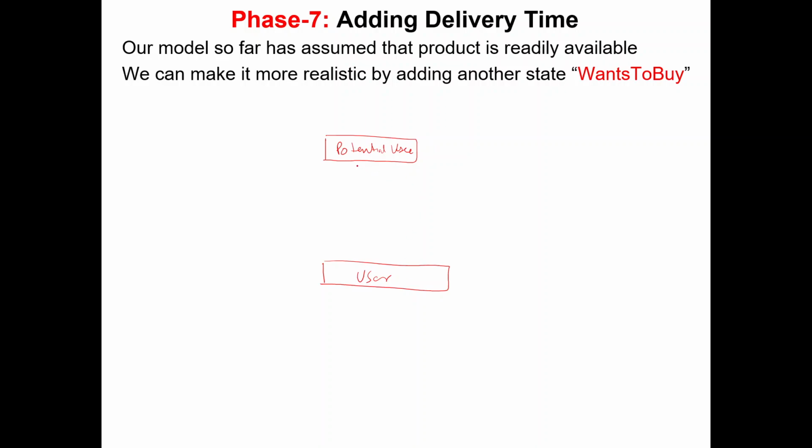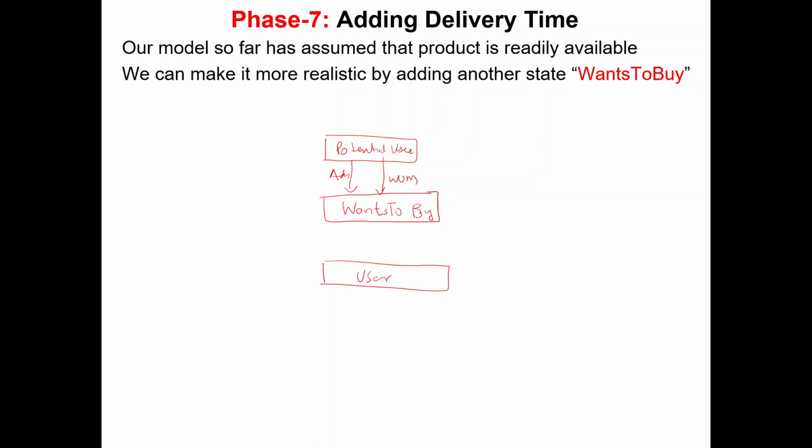So what will happen is that when the potential users see ads and through word of mouth, they will decide to purchase the product. When they decide to purchase the product, they will enter this state, that is wants to buy.